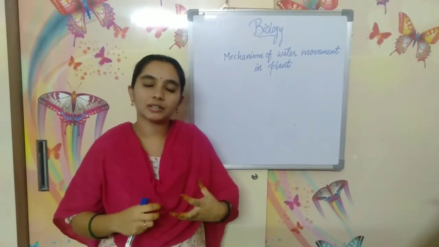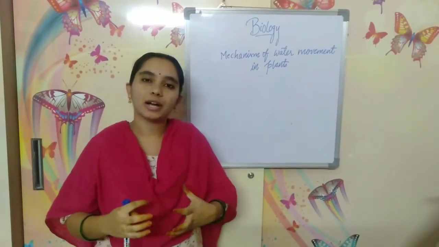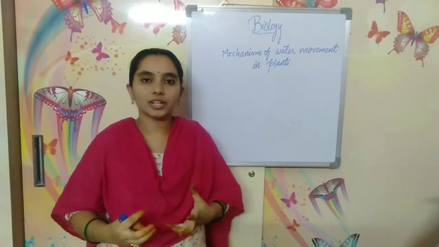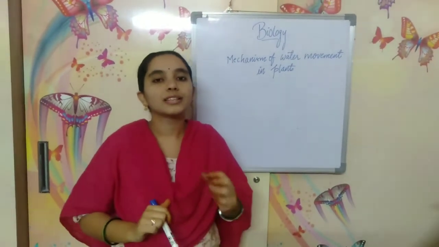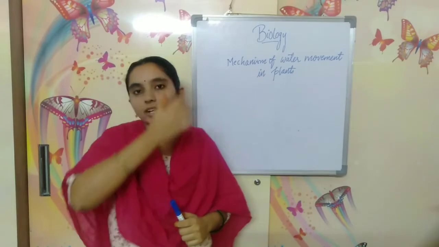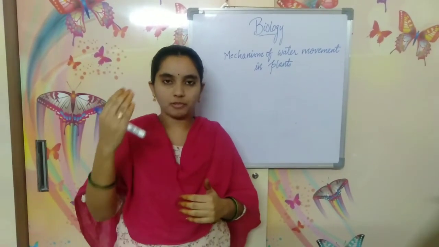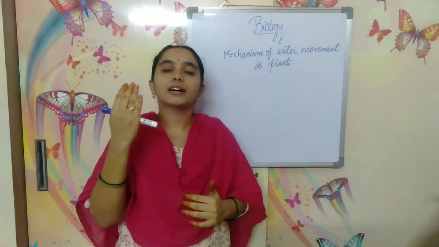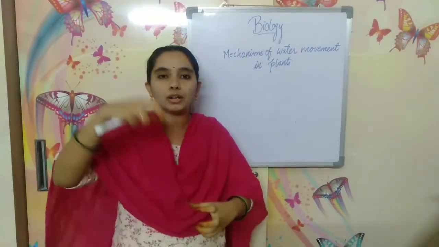To give that movement, there is pressure exerted by roots, which we call root pressure. In the same way, for water to reach the parts at the top of the tree, it needs some pull.